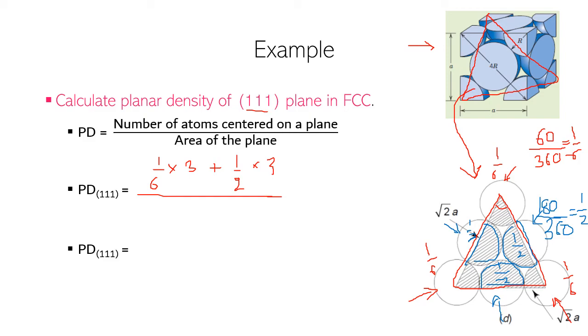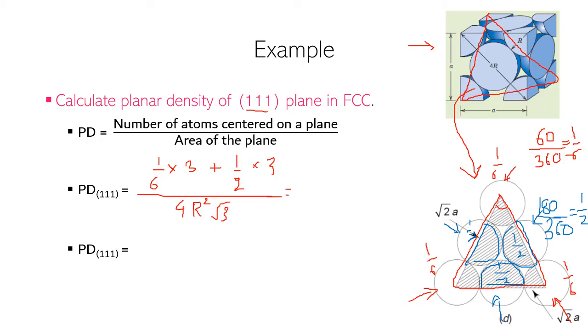So we can calculate the area of the plane using trigonometry. I will directly write the area in terms of radius, which is 4r square root 3. So this is your task. You should be in a position to calculate the area of that triangle in terms of atomic radius R. So 4r square root 3. So this is the area of that triangle.